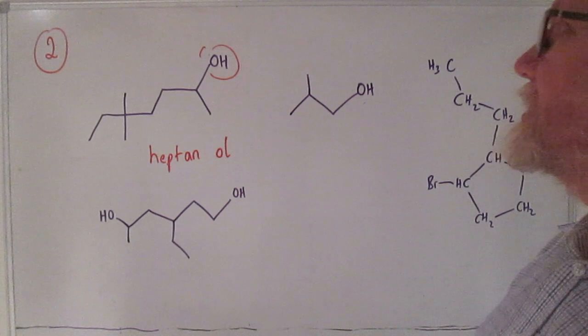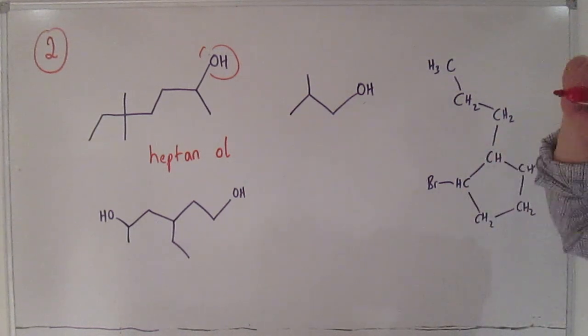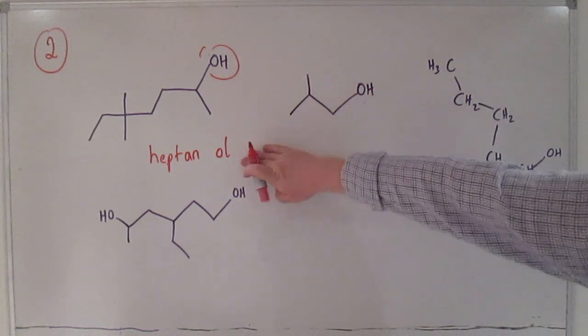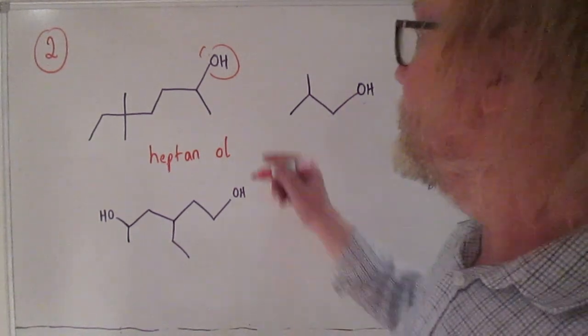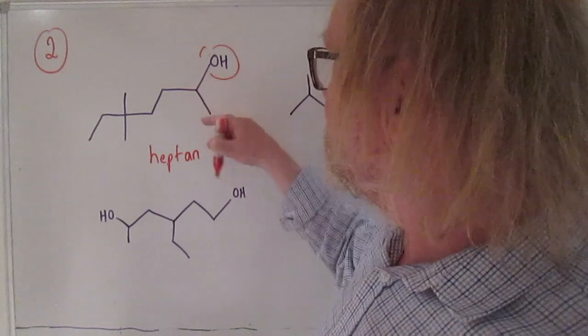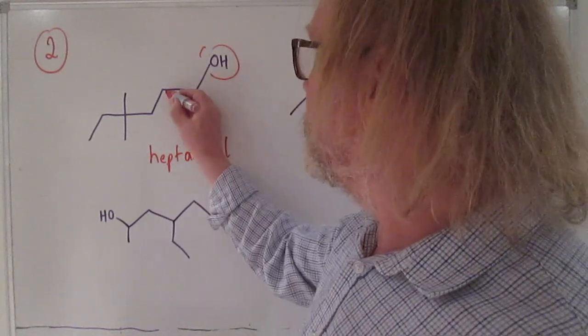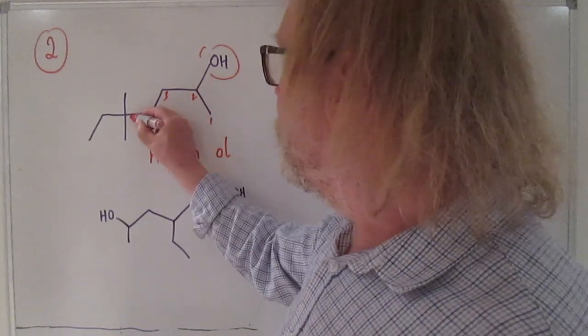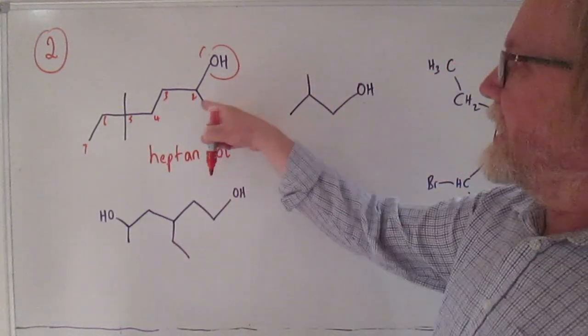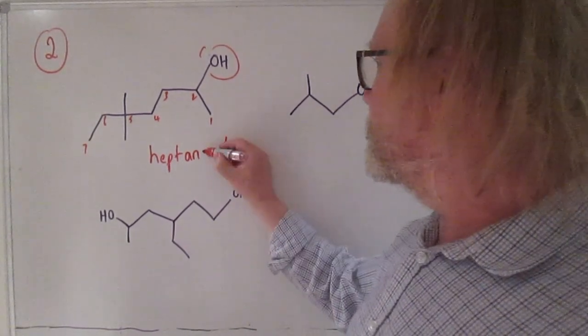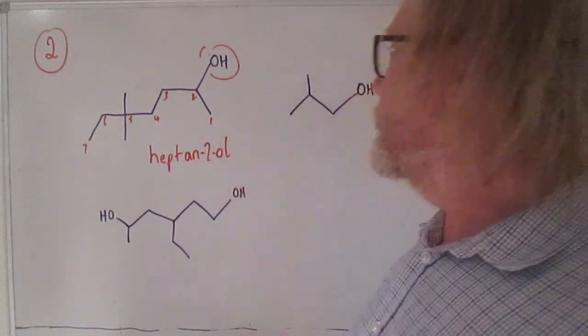And I've left the space there for the number. And as I say, you just work on the basis that because that's the ending, you want to keep its number as small as possible. So that means you're going to start numbering from this end. 1, 2, 3, 4, 5, 6, 7. Because that keeps the ol number as small as possible, so heptan-2-ol.